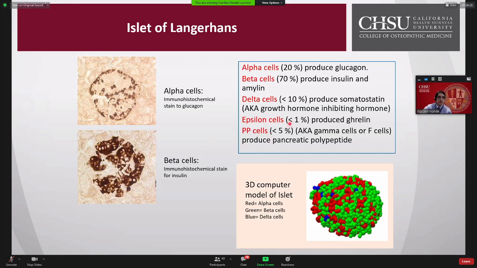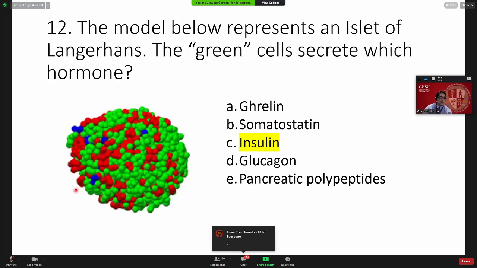Because it's the vast number of cells, it's got to be beta cells. So there are all different kinds of ways that we can torture you with this. But especially for internal medicine, this is sort of a given fact. So you've got to learn it. There it is, insulin. Got to know.